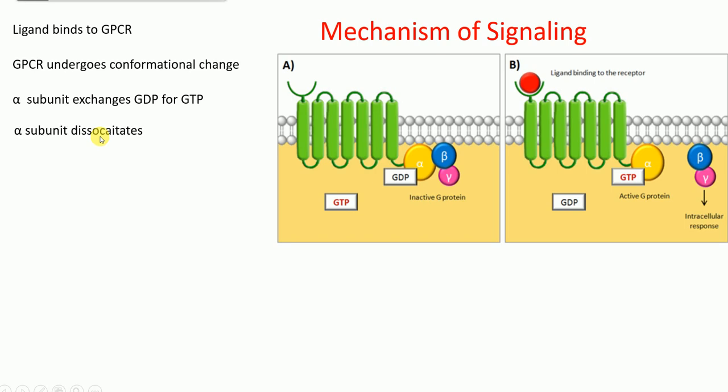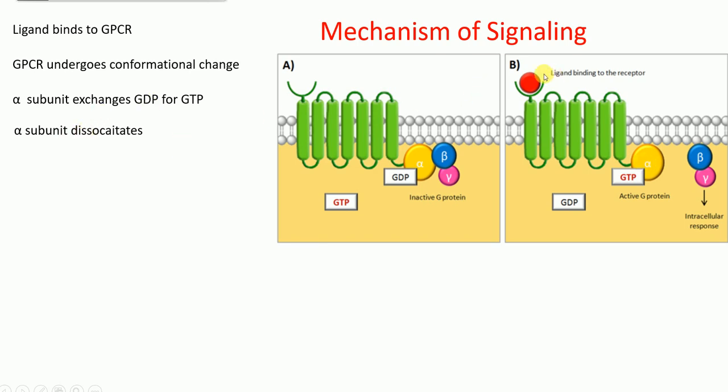The next point is, after this exchange, the alpha subunit, which here you can see is bound with the beta gamma dimer, will dissociate. The alpha subunit dissociates from the beta gamma dimer.